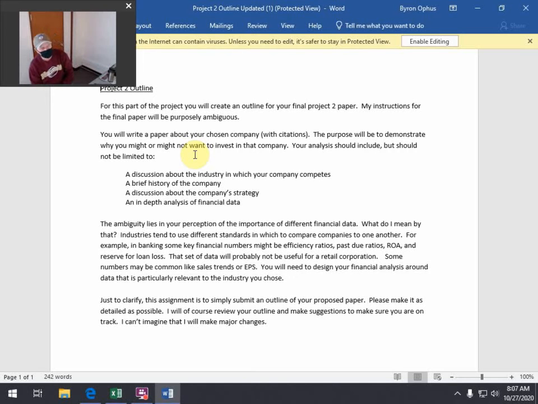A discussion about the company strategy, okay? Remember, I think that there's really just a couple of strategies. I think that you're either going to differentiate or you're going to be a low-cost provider. Walmart's probably a low-cost provider, right? Okay, how about Fastenal? They might fit into that kind of third category that I call a niche provider, right?